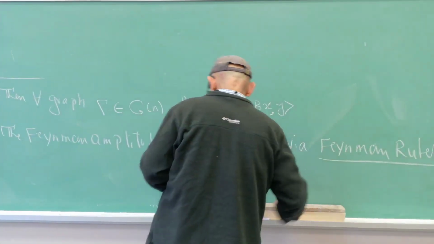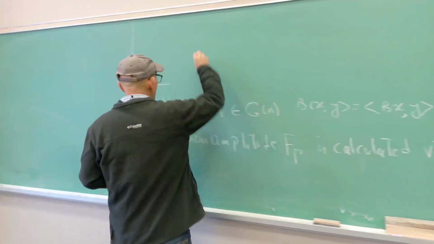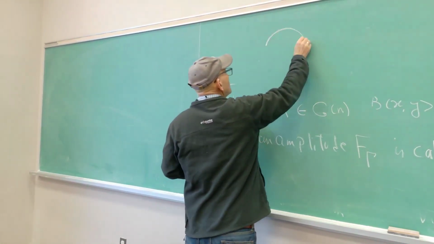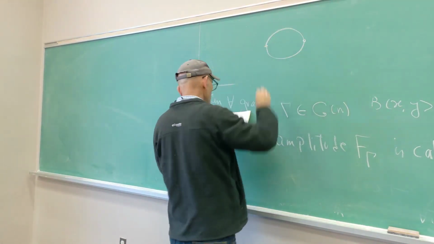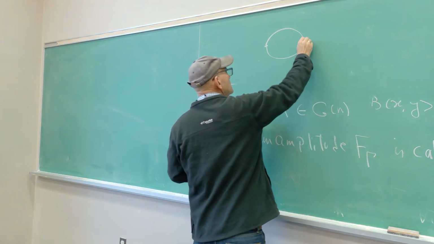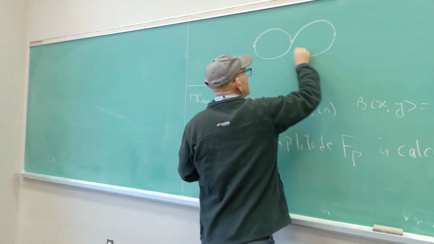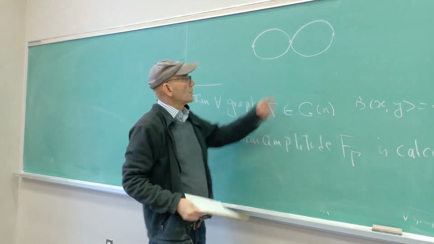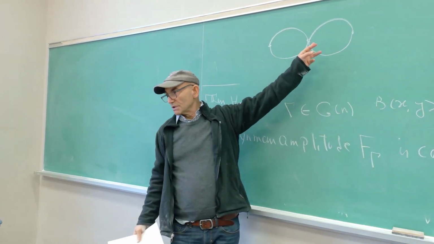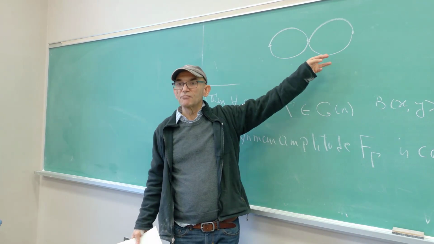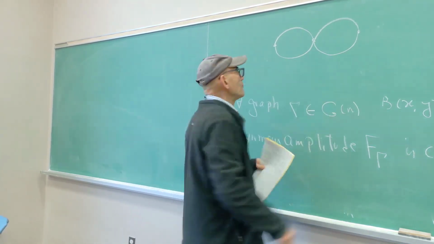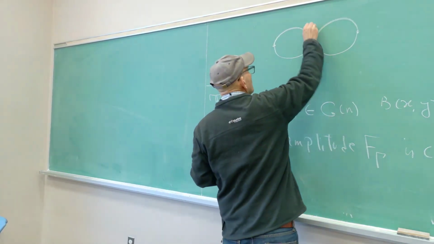Right. So imagine we have this, for example, eyeglass graph, something like that. At this vertex, which is 4-valent, we put the tensor B4.